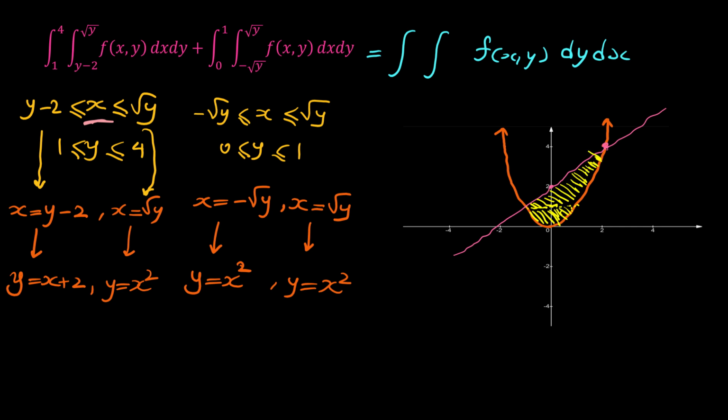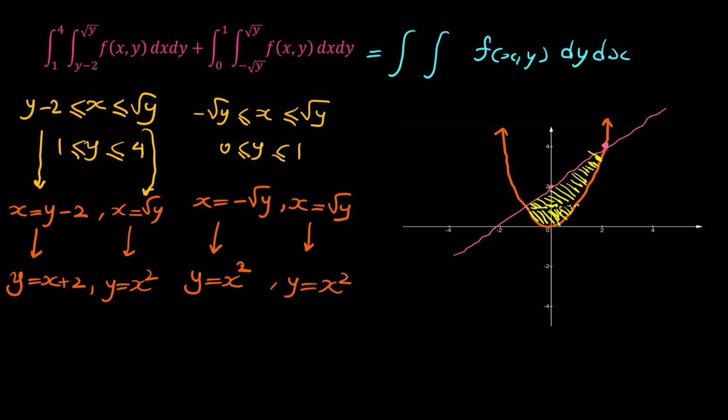Now we want to describe this region in the opposite order, in the reversed order. We want to write a limit for y first, then for x. Again, to find the lower limit and upper limit for y, we draw vertical lines.